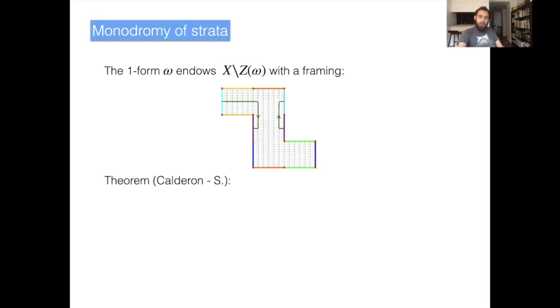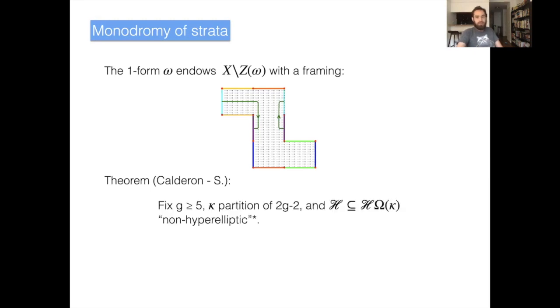And so given the fact that any given stratum is a family not just of Riemann surfaces, but of Riemann surfaces equipped with a framing, Aaron and I can apply our theorem to tell you what the monodromy of any given stratum is.